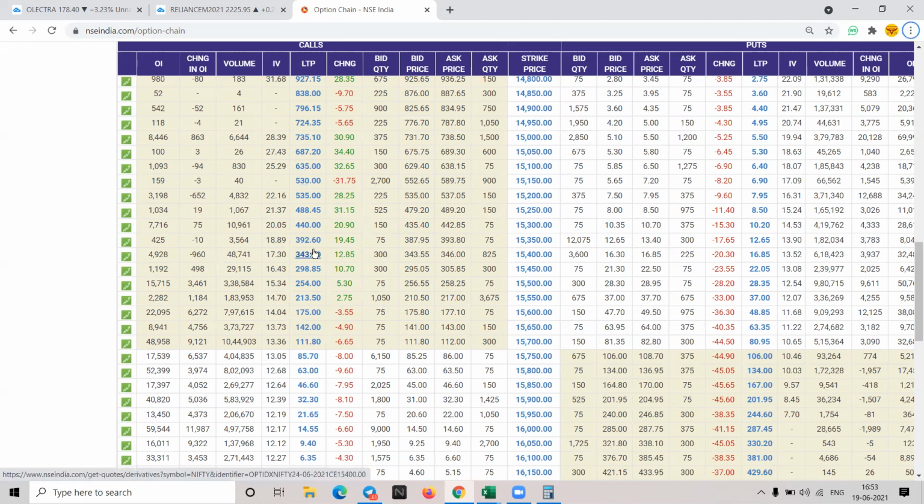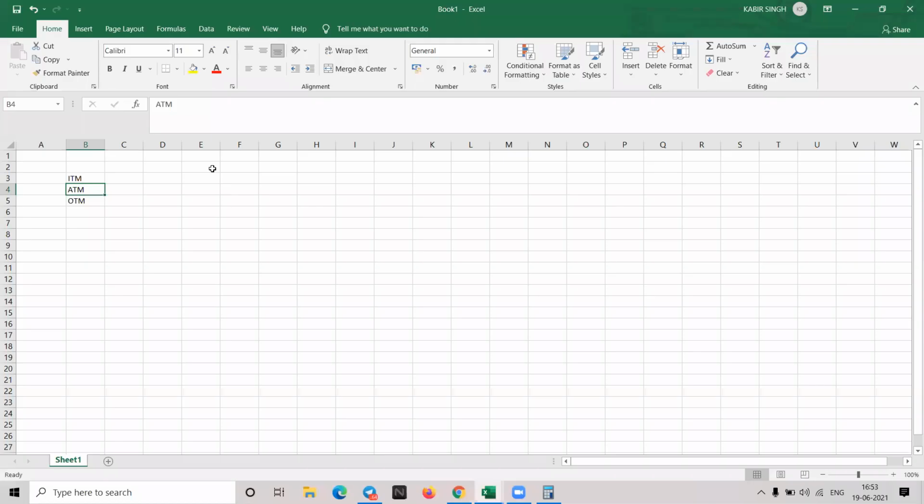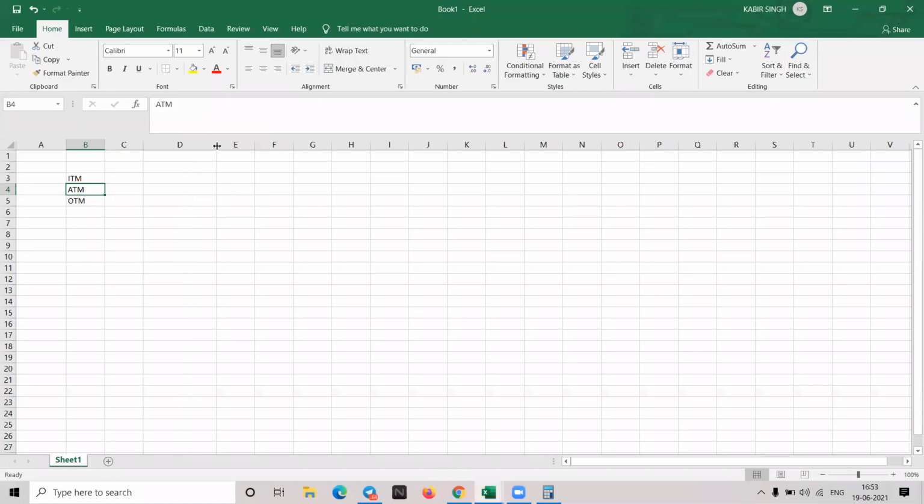Okay. And each contract, here there is one more concept, which is how these contracts are made. Each contract has some time value and some price value. So these are the two things for each contract.